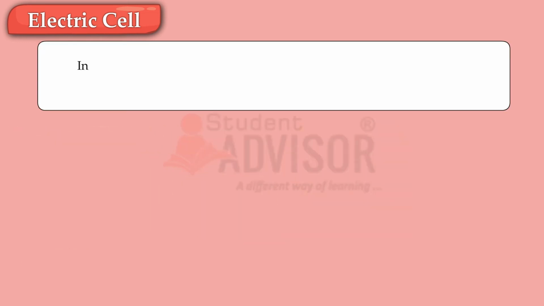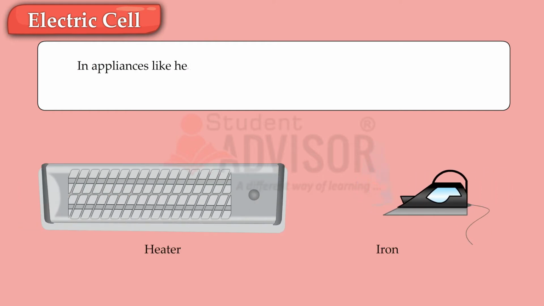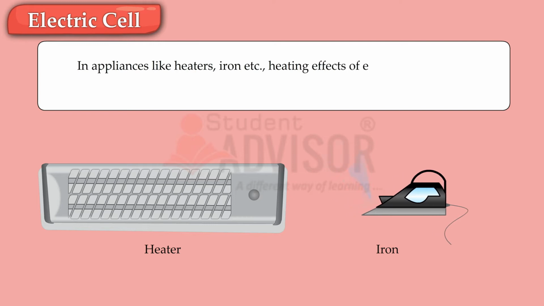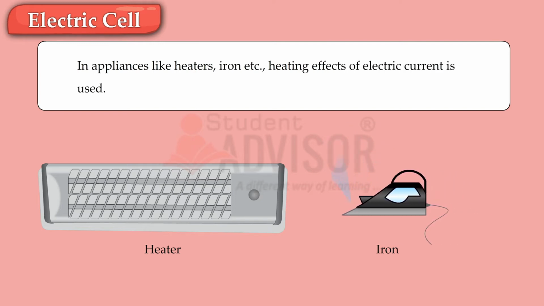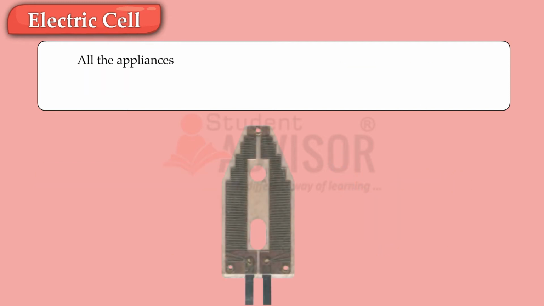In appliances like heaters, iron, etc., the heating effect of electric current is used. All these appliances contain a coil of wire known as an element.